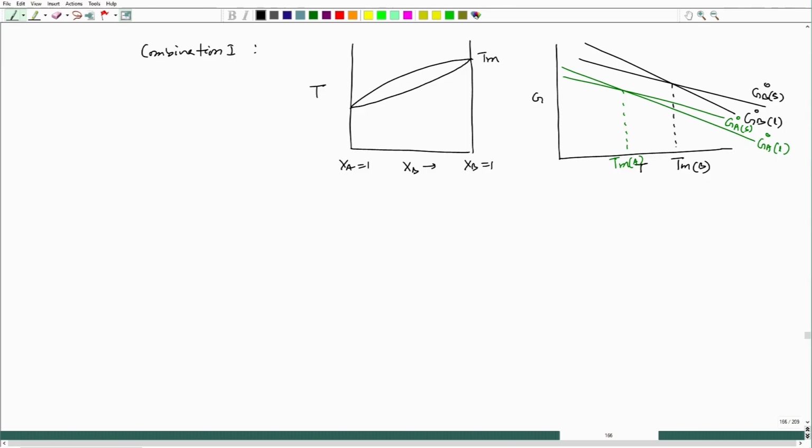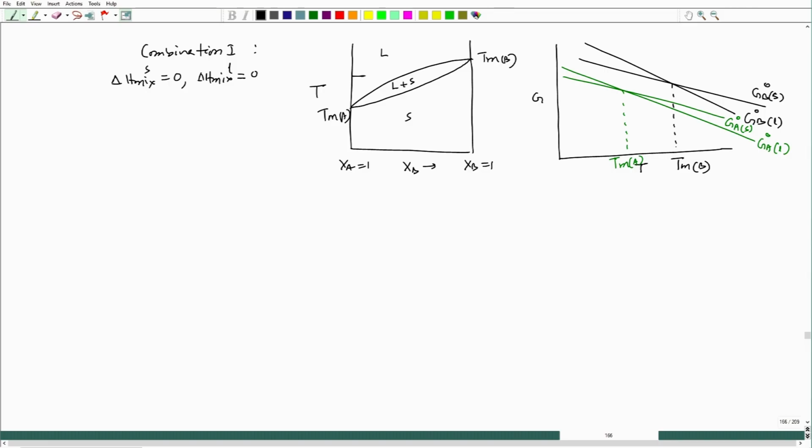The plot for combination 1 looks like this, where this is T m B and this is T m A. That combination was del H mix of solid equal to 0 and del H mix of liquid equal to 0. Then we have liquid, we have solid, and in between we have solid plus liquid.